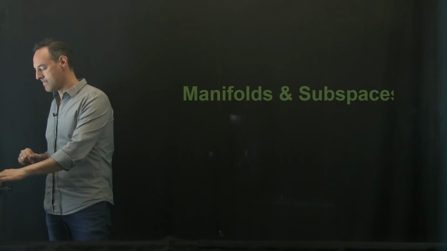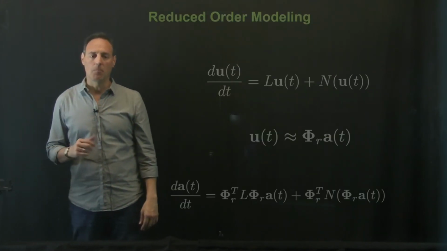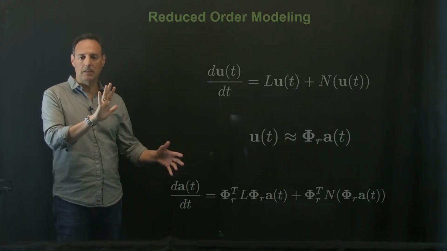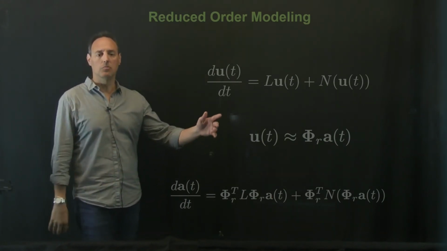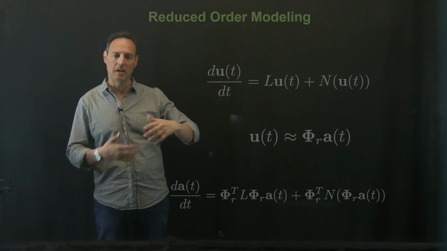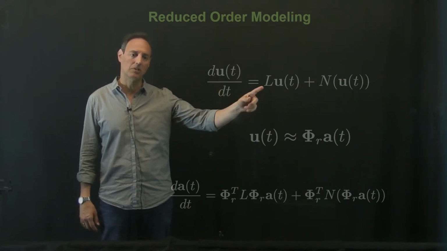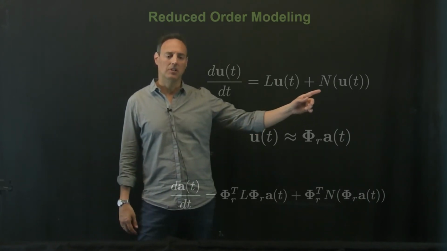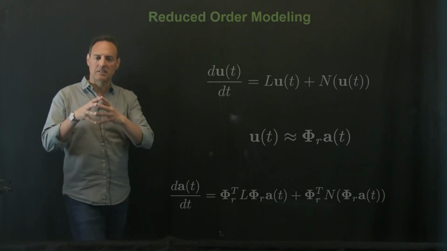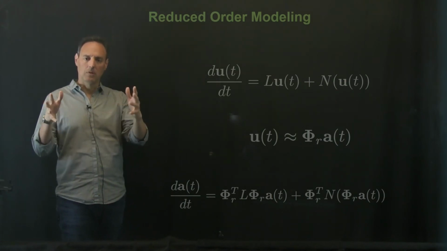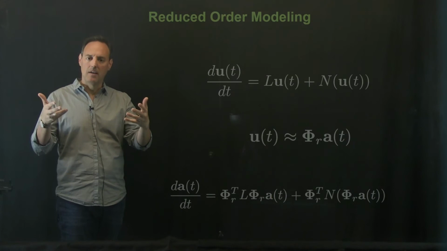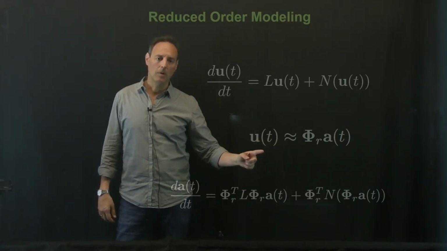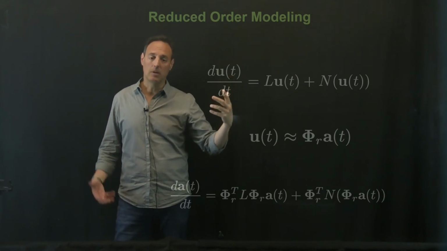Now just to tell you how important these transformations are, I want to, in one slide, give you a background on reduced order modeling. You might have some PDE, so some high dimensional state space evolving in time. You have some linear operator, which typically involves spatial derivatives, and some nonlinearity. What people often do is take snapshots of their simulations, look at the SVD of that, and find there's some low-rank subspace, phi of r. Then you can say, why would I work with this n-dimensional space when I know there's rank r there?